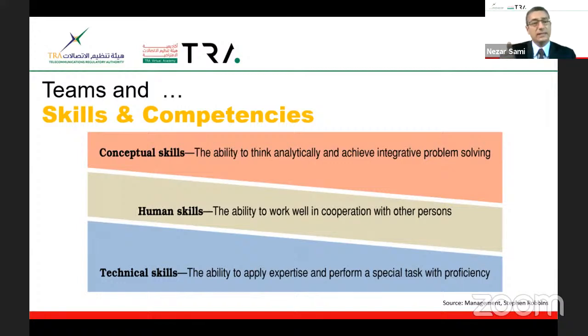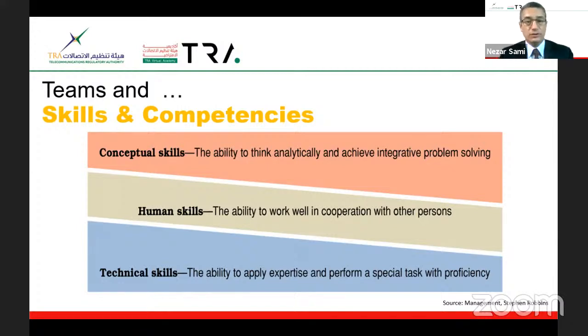So technical skills, human skills, and conceptual skills. So again, focus in your team about the type of characters that we need to have. We need to have 4 characters in our startup: the ideator guy, the promoter guy, the techie guy, and the finance guy.